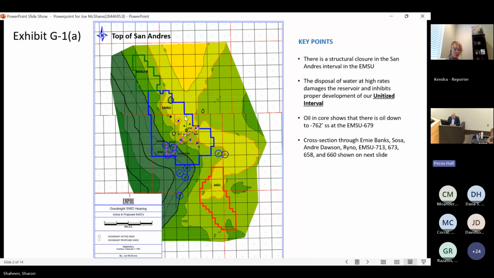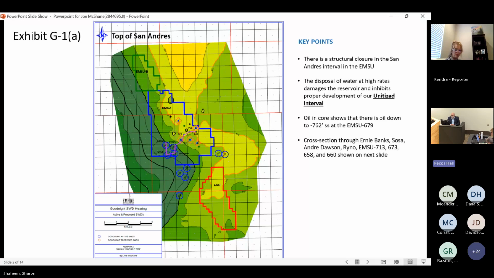And on this map, we're also showing the permitted and existing saltwater disposal well locations. The third thing I want to point out is that there in purple is a cross-section line that will refer to a cross-section we'll see on the next slide. And these wells that will show in the cross-section are located, drilled through, and injecting into a unitized interval.